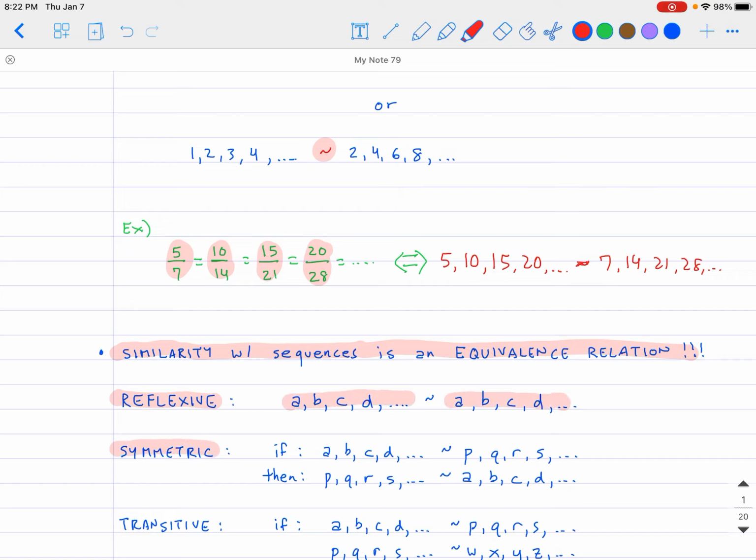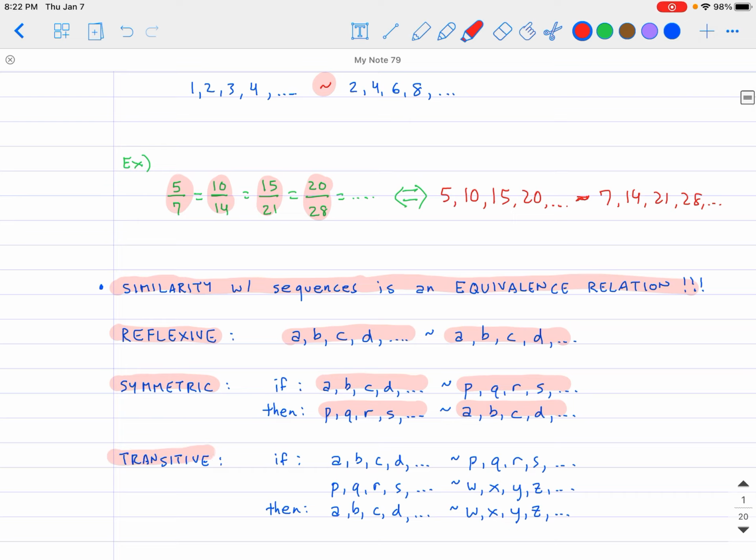The symmetric property says that if one sequence is similar to another sequence, then the second sequence is similar to the first. And the transitive property says that if sequence 1 is similar to sequence 2, and sequence 2 is similar to sequence 3, then sequence 1 is similar to sequence 3. Those three properties are true because of equivalence relation.